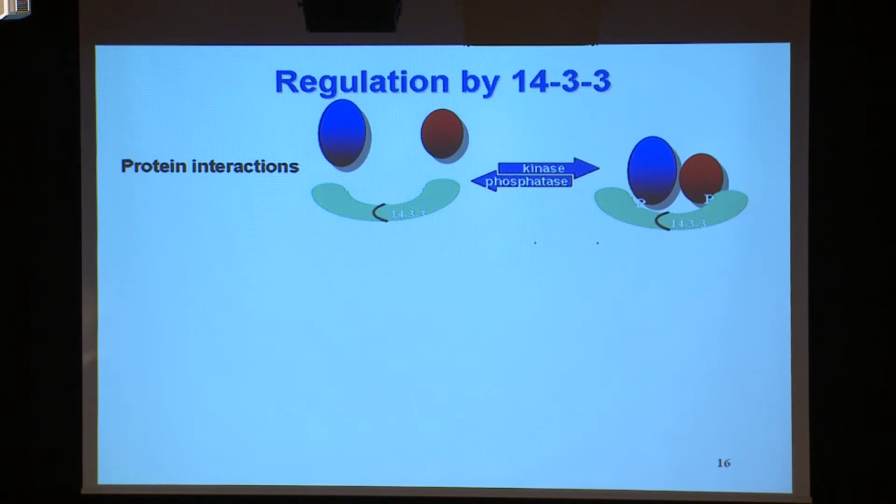And what induces the proteins to interact with 14-3-3 is mostly phosphorylation, where, in the presence of a protein kinase, which adds phosphate groups to these proteins, this creates a binding motif for 14-3-3, and the proteins then bind to 14-3-3 and associate in a complex.